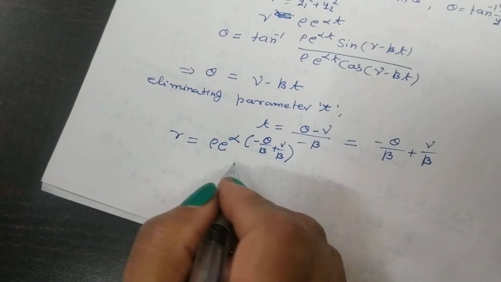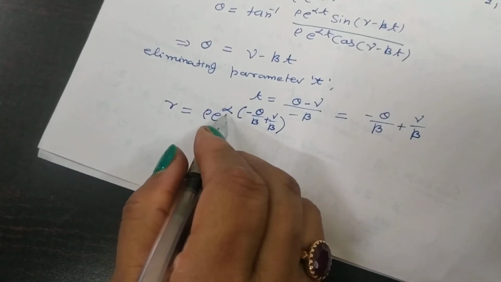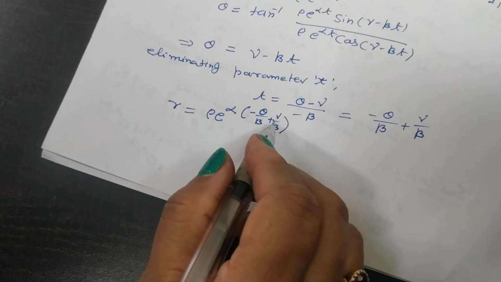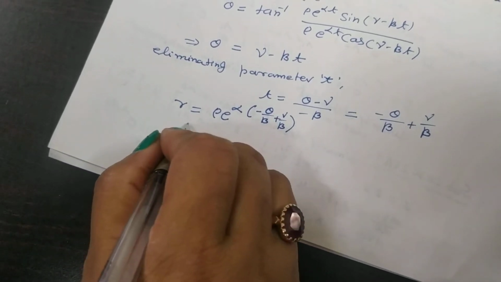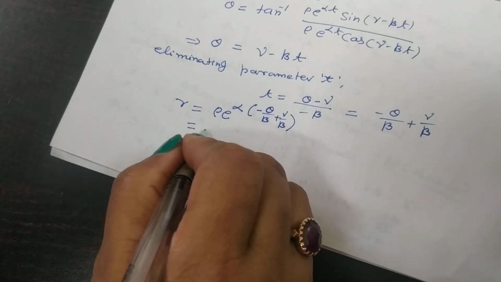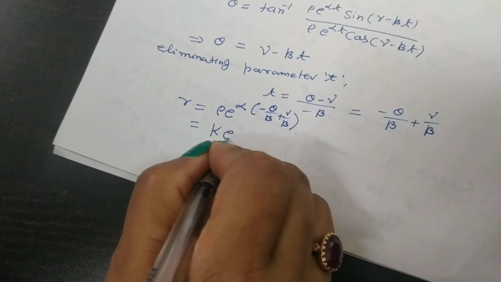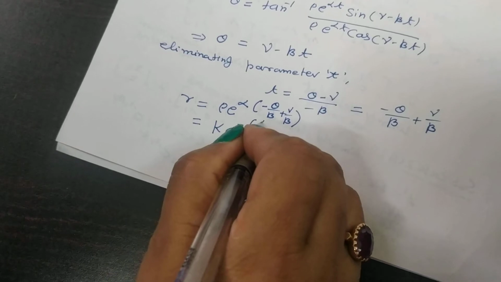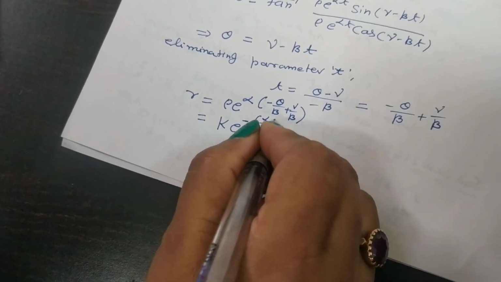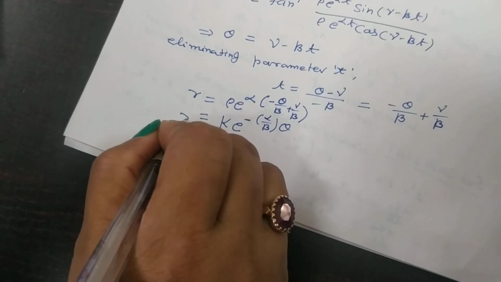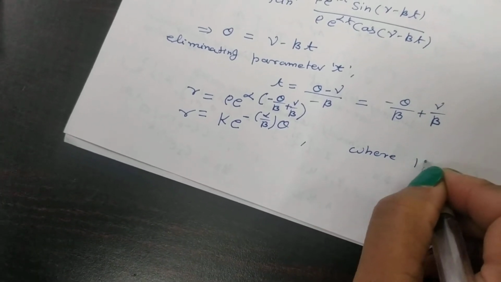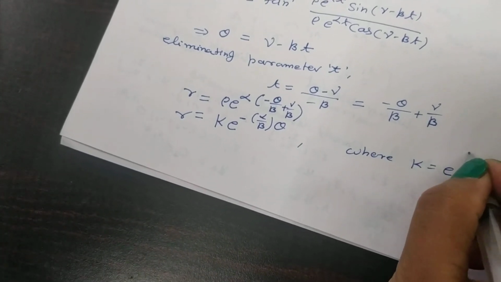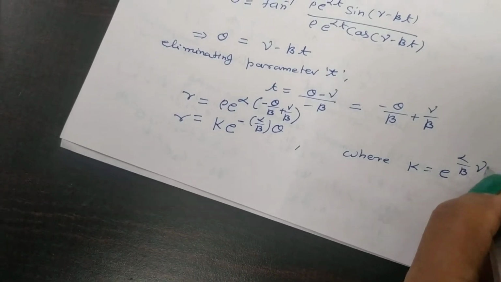So you see that here is rho equals e to the power minus alpha by beta theta plus alpha gamma by beta. This is any other constant, so you can say this is again equal to k e to the power minus alpha by beta theta, where k is equal to e to the power alpha by beta gamma.